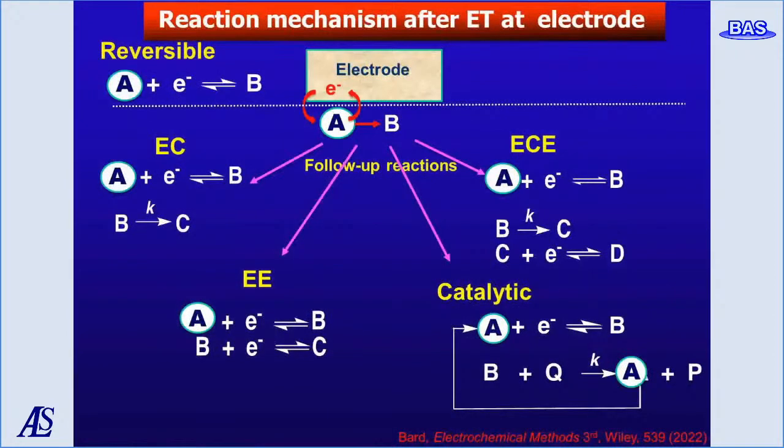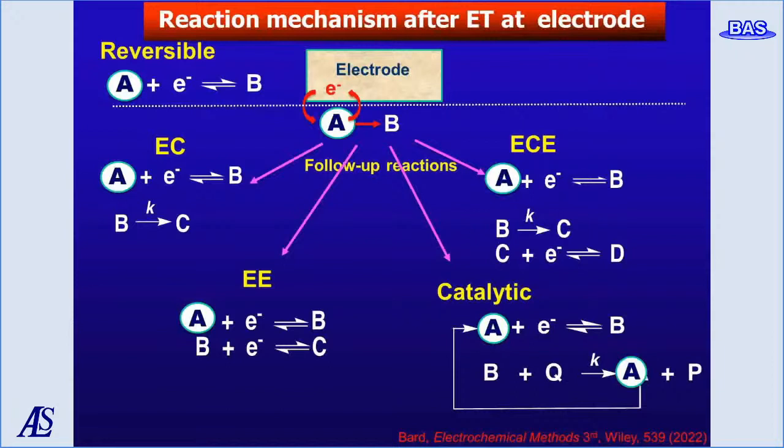Once the electron transfer of the analyte has occurred at the electrode, there are several homogeneous chemical reaction pathways, which are summarized in these figures. Reversible electrode reactions of the analyte A-B couple take place at the electrode solution interface. When the reduced species B is reactive, a follow-up reaction proceeds.